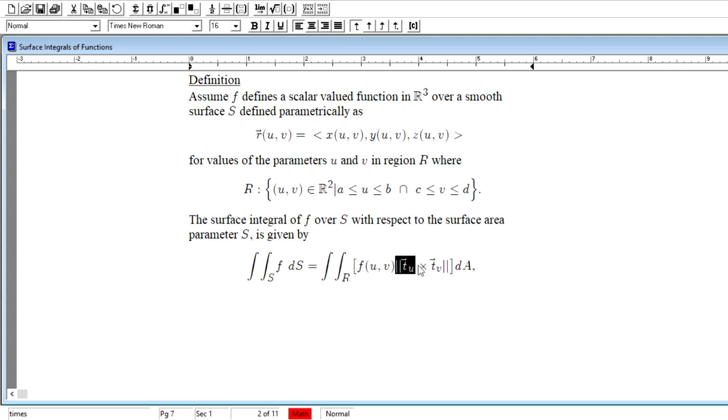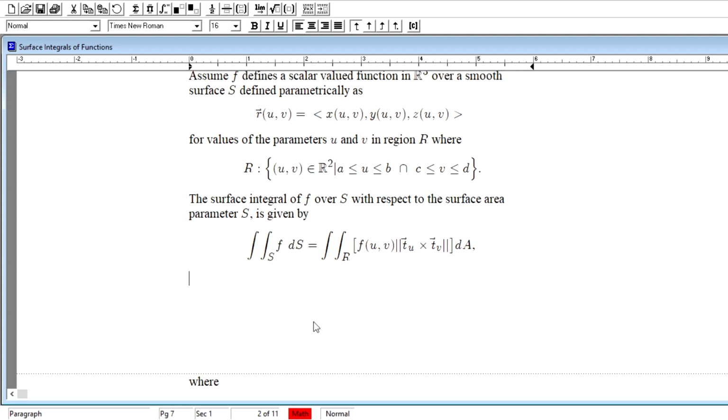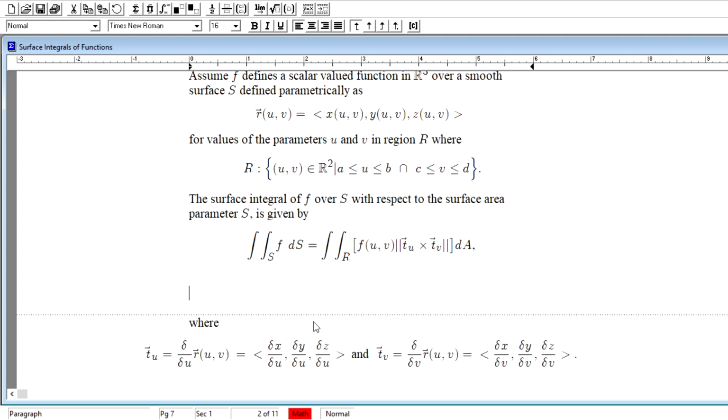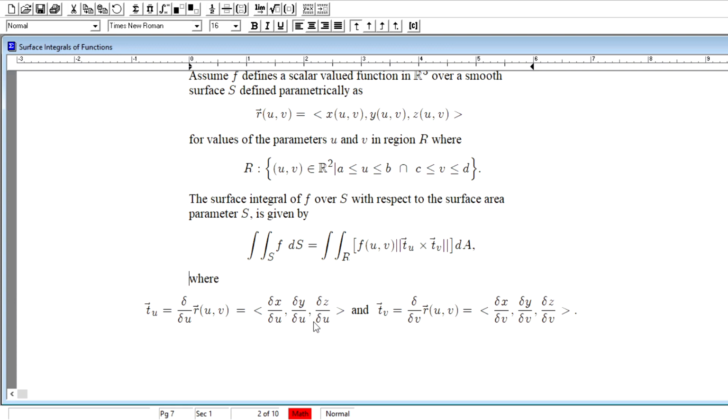All right? Now, we do go a little further. What are these two vectors used in the cross product? Well, they are defined as the partials of our parametric description for the surface, R bar of u comma v.